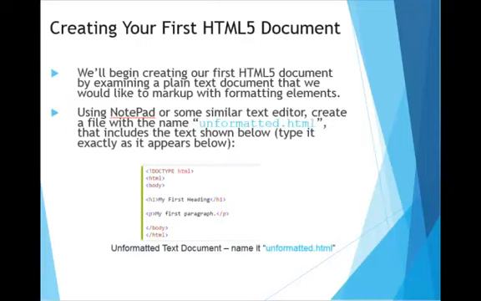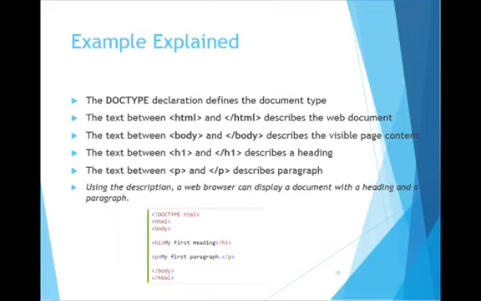Now that we have covered the basics of HTML5, we can begin creating our first HTML5 document. By using Notepad or some other similar text editor, we can create a file with the name unformatted.html. Let's break this down and see what's going on here. In this example, the doctype declaration defines the document type, which here you can see is HTML.